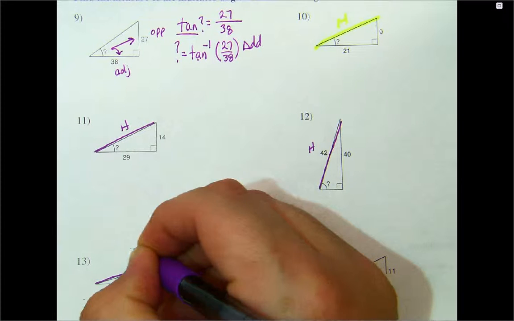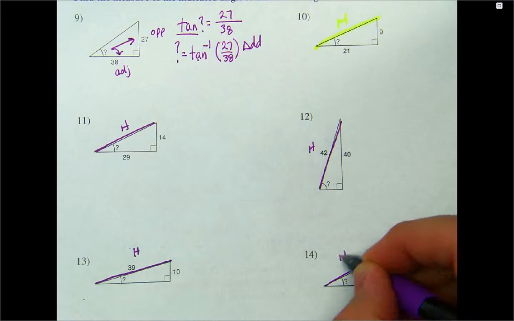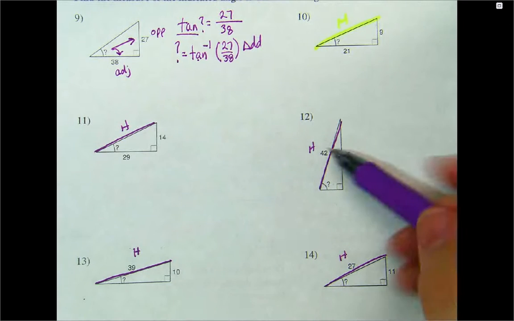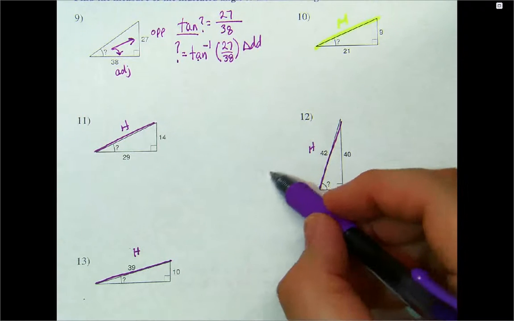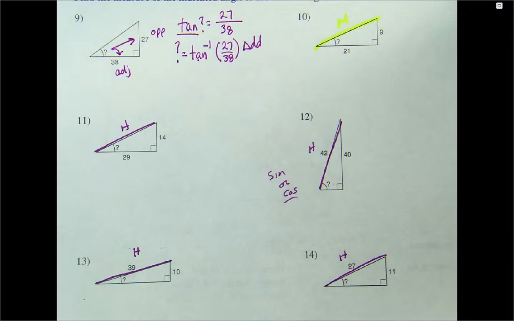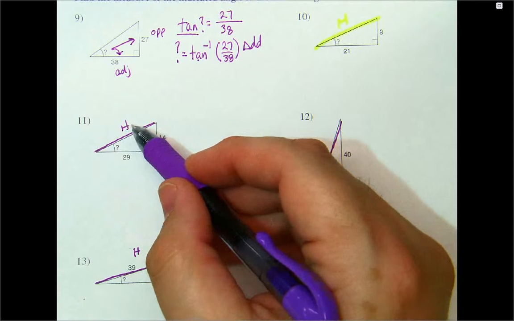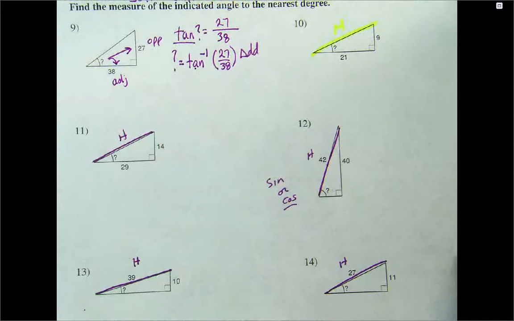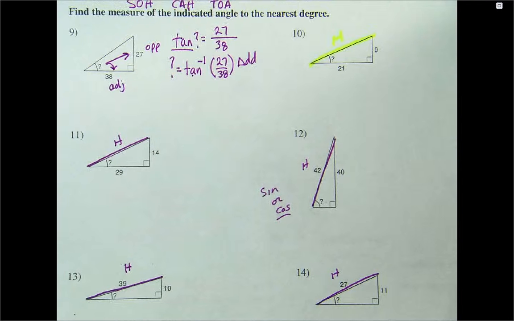So at least now, if you have a value for your hypotenuse, like this, you're going to end up using a sine or a cosine. If you have no value here, which one of the SOHCAHTOAs has no hypotenuse in it whatsoever? Well, which one doesn't have an H? The tangent.